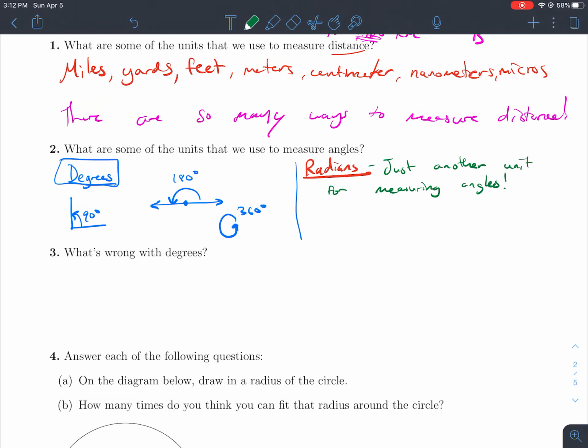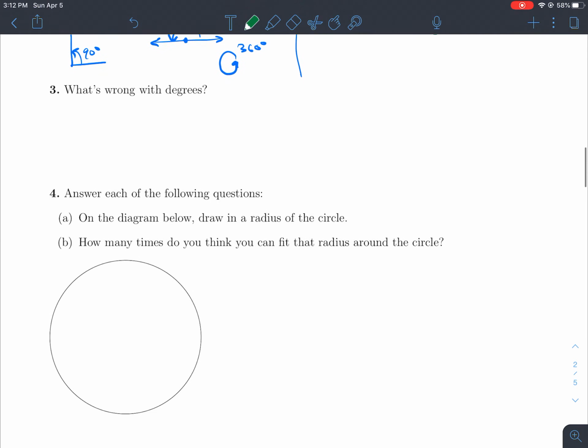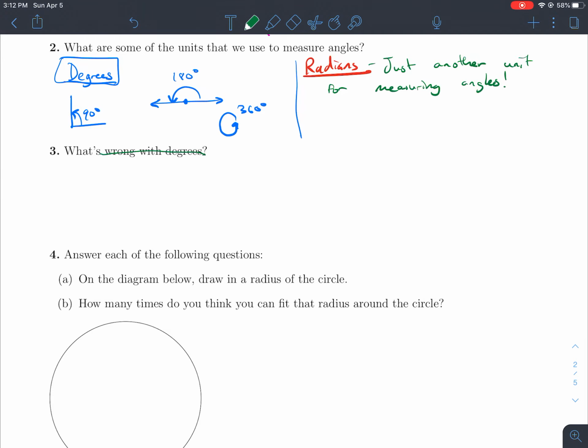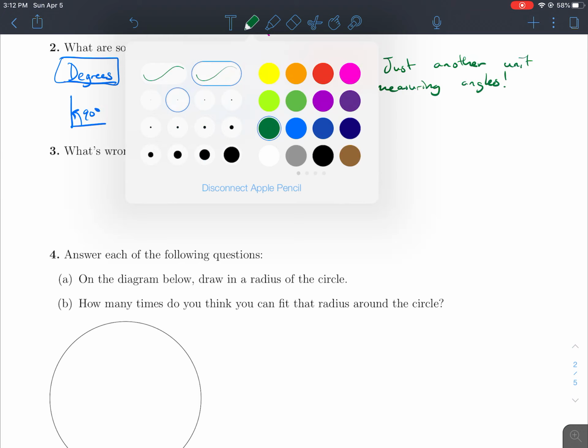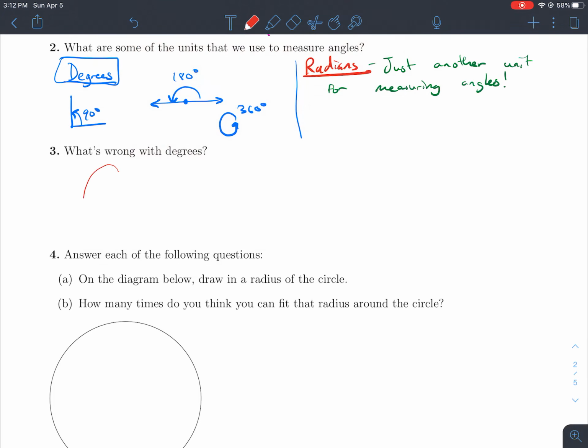So this is just another unit for measuring angles. But if we're going to introduce another unit, you might ask the question, well, what's wrong with degrees? And in order to get to this question, you have to ask yourself a question, which is like, you've got a circle. Wow, that's a really good circle. You've got a circle. So why are there 360 degrees in a circle?